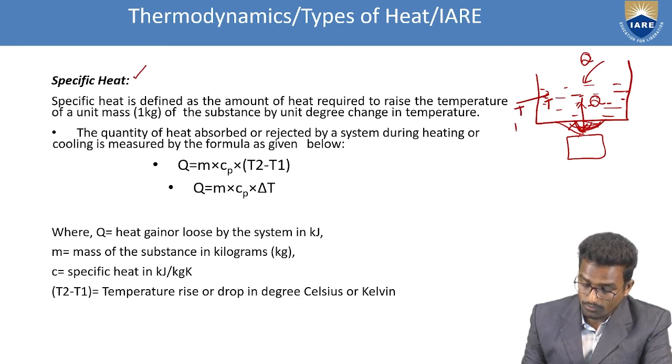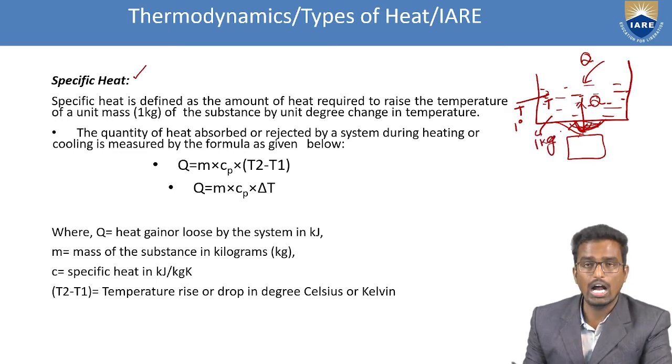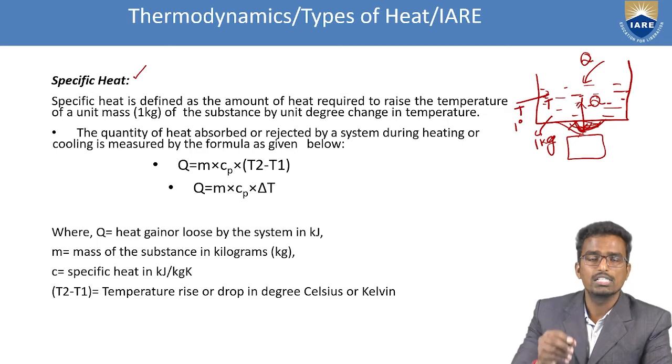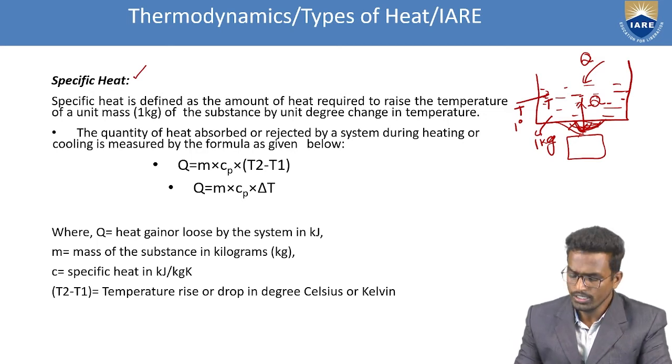by 1 degree, on 1 kg of liquid, the amount of heat required to raise the temperature of 1 kg of liquid by 1 degree, that you call specific heat. So take 1 kg of water.